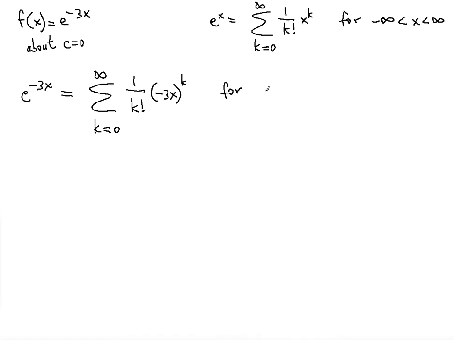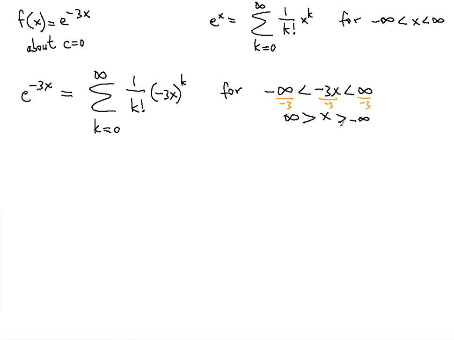Now we have to specify that negative infinity is less than negative 3x, because we're replacing that x as well, and negative 3x is less than infinity. Dividing both sides by negative 3 reverses the sign, so it would be infinity is greater than x is greater than negative infinity.